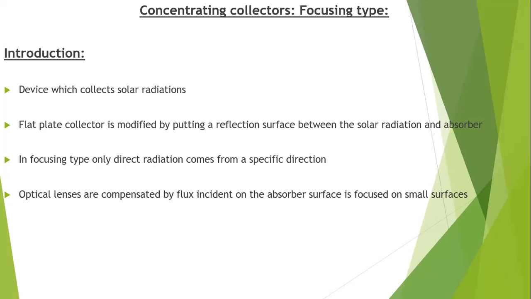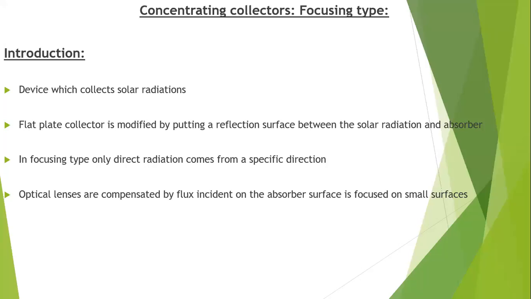When we compare them, concentrating collectors are more efficient than flat plate collectors, because they give a higher intensity of radiation, can attain large temperatures, and the main advantage is that they need only small areas for solar radiation collection. In concentrating collectors I am discussing the focusing type.